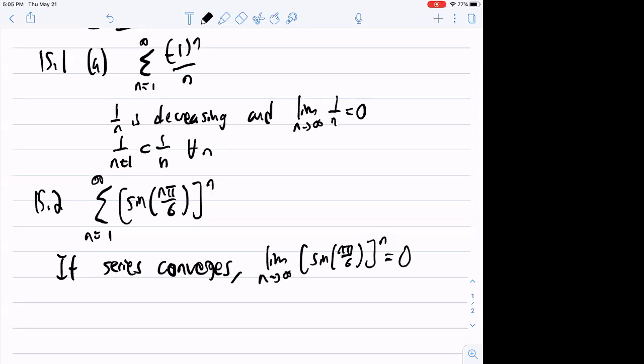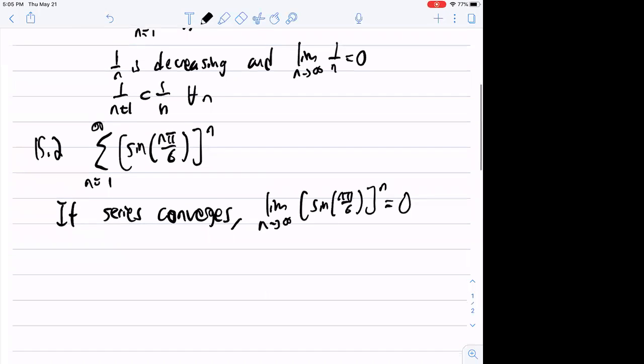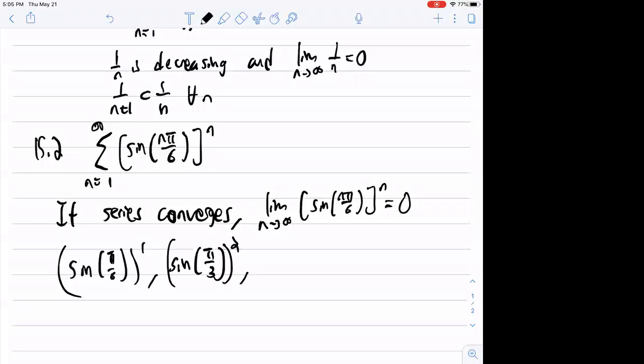But let's write out what this sequence is. I'm just going to write out the first few. Sine of pi over 6 to the 1, that's my first term. Sine of pi over 3 squared. Sine of pi over 2 cubed. And so on and so forth.